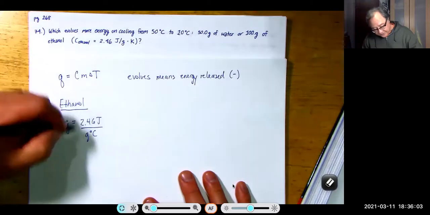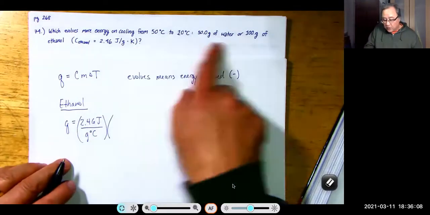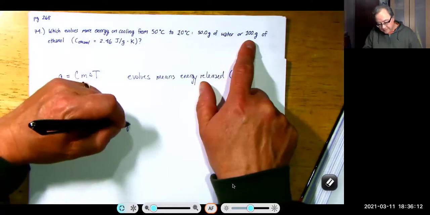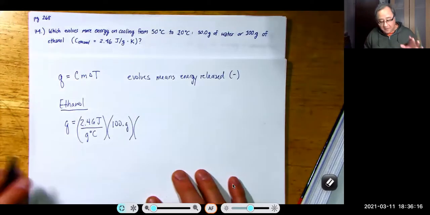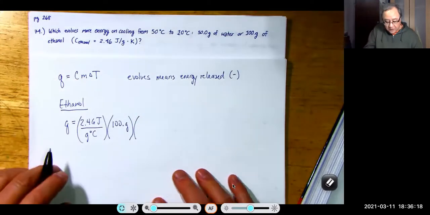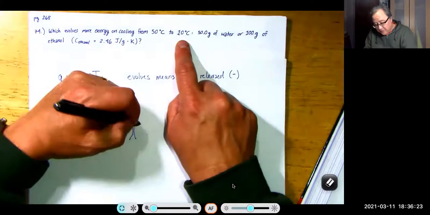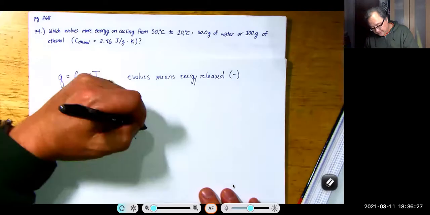Okay, so that's specific heat capacity. The mass of the ethanol is 100. grams. And the change in temp of the ethanol is going to be the final temp minus the initial temp. So the final temp is 10 degrees Celsius. And I'm going to put a little dot there and a little dot there. So we have two sig figs there.